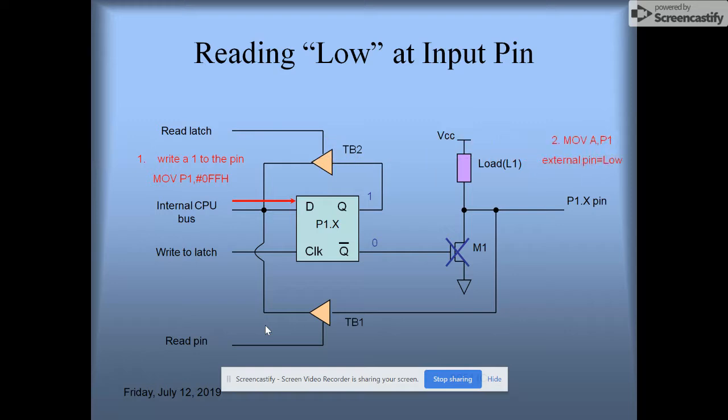Now your port is configured as an input port. Now the data present at this pin is 0. This will go into TB1 and be placed on the internal CPU bus. At the same time, the value is copied into the latch.